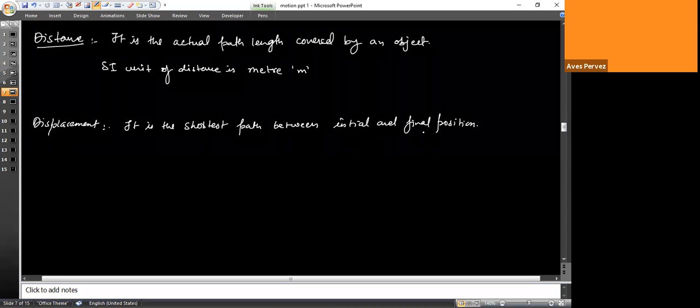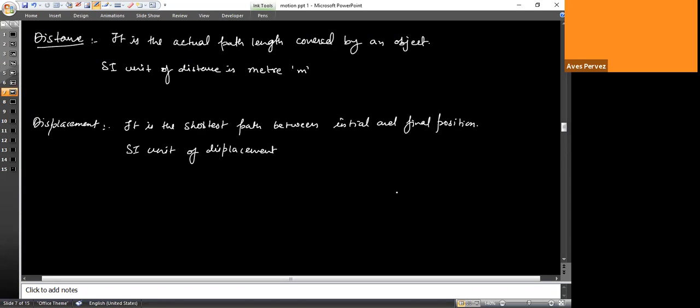And similarly, what should be the SI unit of displacement? Does anyone have any idea? What should be the standard international unit for displacement?